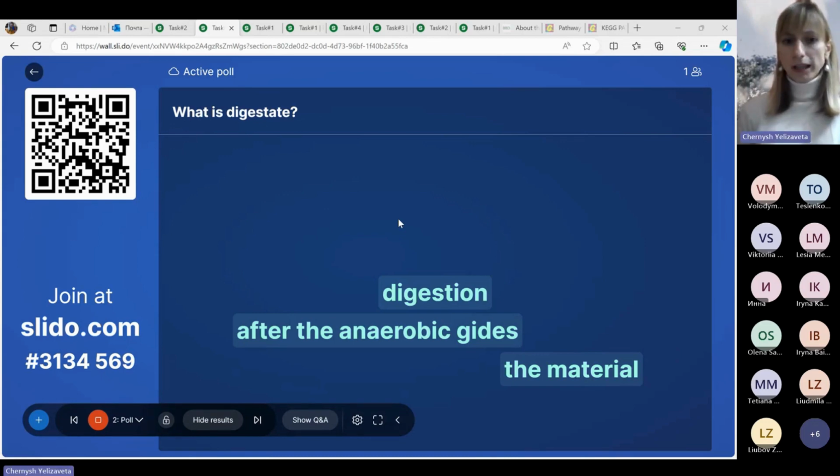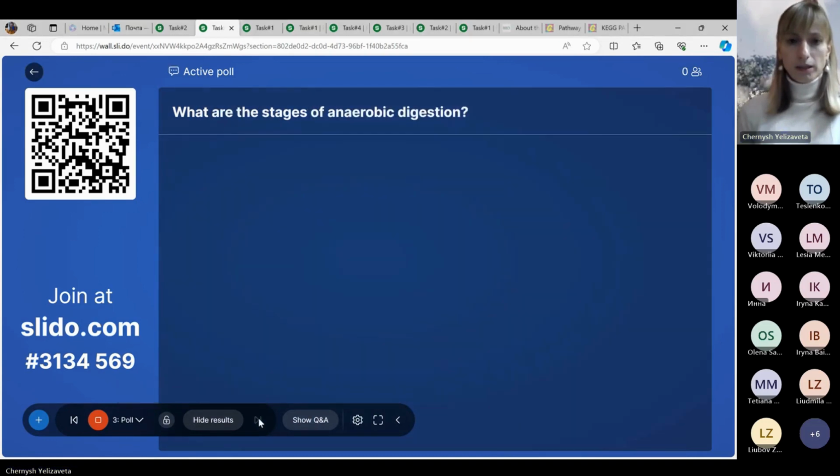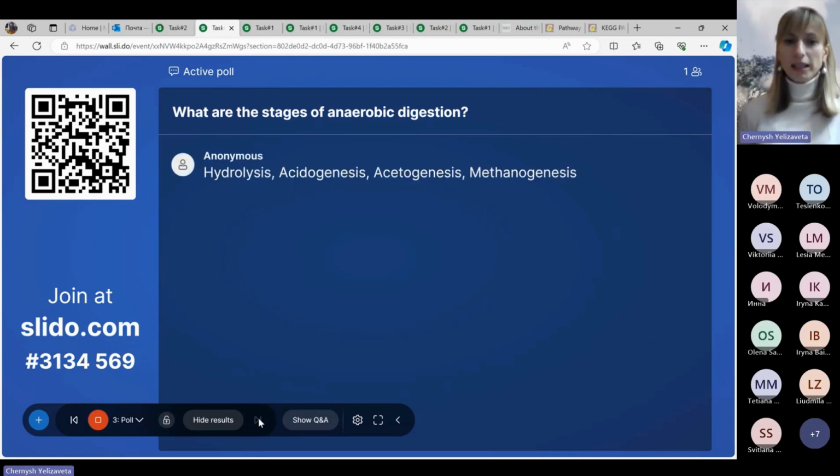So we can go to the next question. What are the stages of anaerobic digestion? We talked a lot about anaerobic digestion, and I also mentioned dark fermentation, and we talked about these stages for transformation of this organic substrate. Think about this.